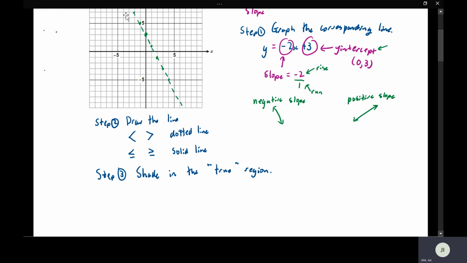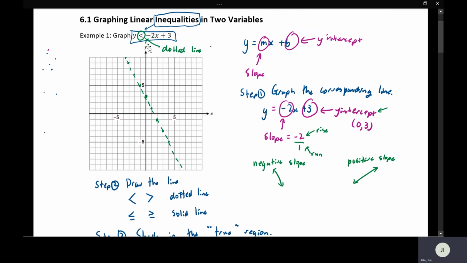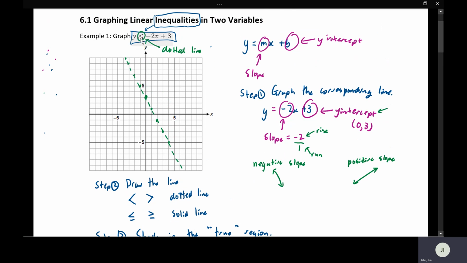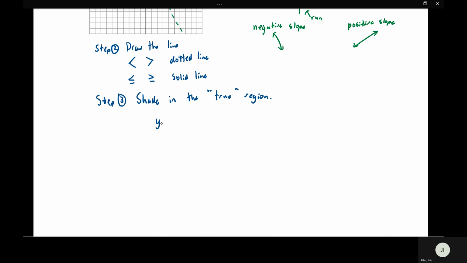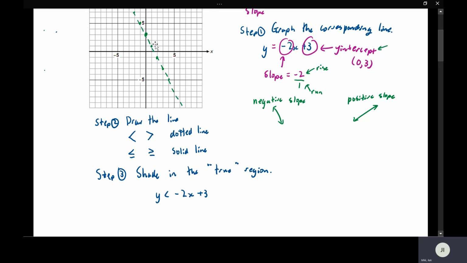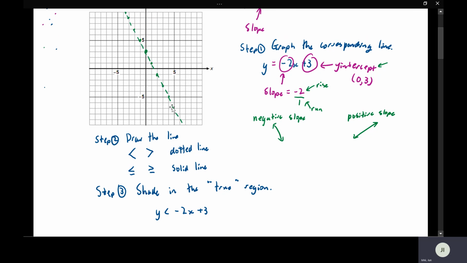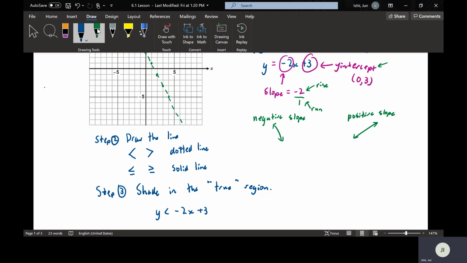We're going to take a point that's not on the line, and test whether the original inequality is true or false. Our inequality was y is less than negative 2x plus 3. We want to pick any random point that is not on the line. The easiest point to plug in is probably this point right here, 0, 0. So that's the point I'm going to choose.